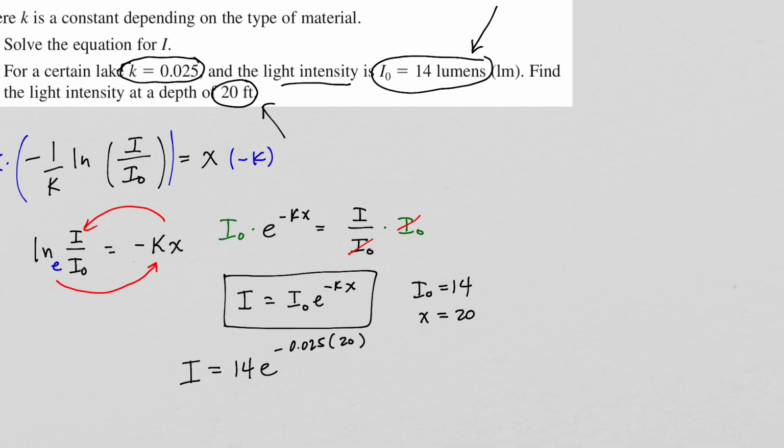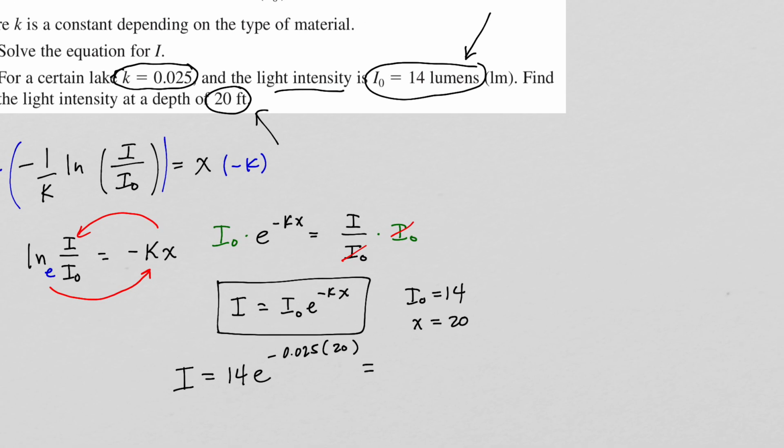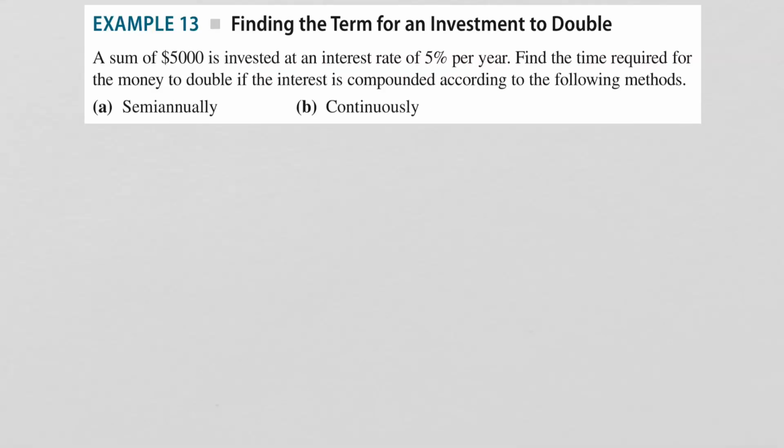And so all we have to do is plug this into a calculator, and then we'll get the result. And when doing that, you get approximately 8.5. So the brightness of this light after going through 20 feet of water is 8.5 lumens, whereas it started as 14 lumens.